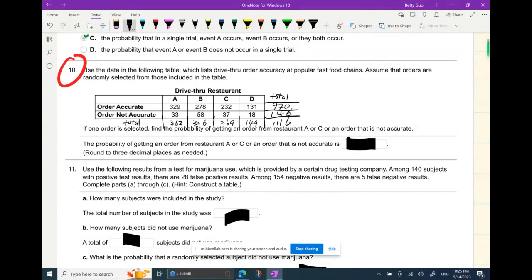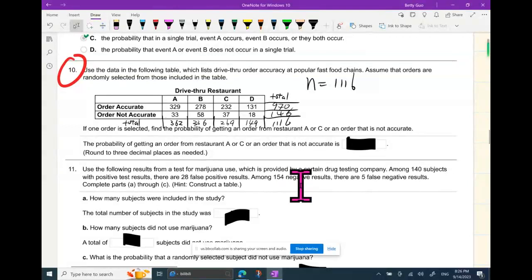I'll double check by doing the total of the columns: 362 plus 336 plus 269 plus 149. I got the same thing. So that's how we know our sample size is 1116.